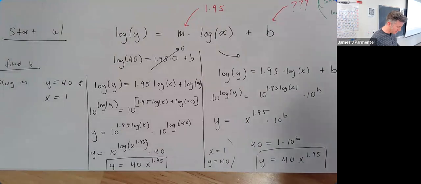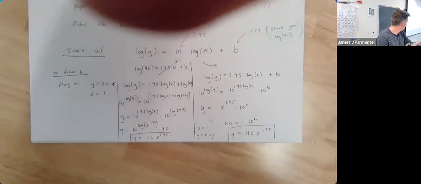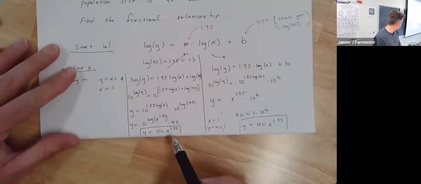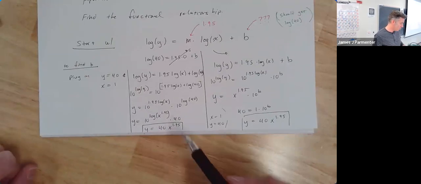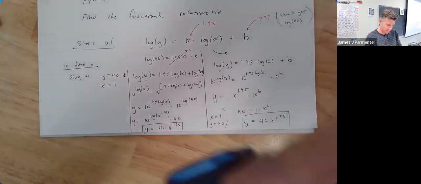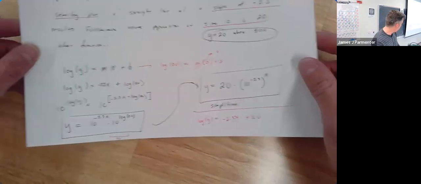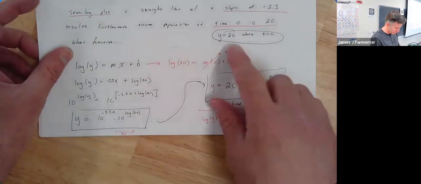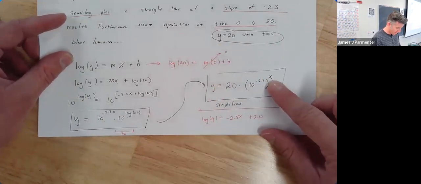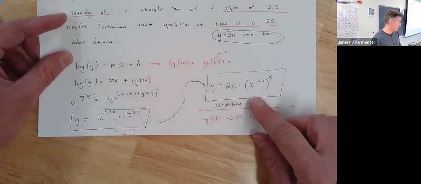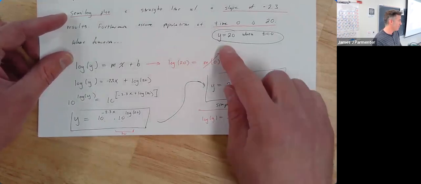At the very end, if your answer is this, I should be able to plug in 1 for X and get 40 for Y. Or in the very first problem we did, since the population is 20 when time is 0, I should be able to plug in 0 for X and get 20 times something to the 0, which is 20 times 1, which is 20 for Y.